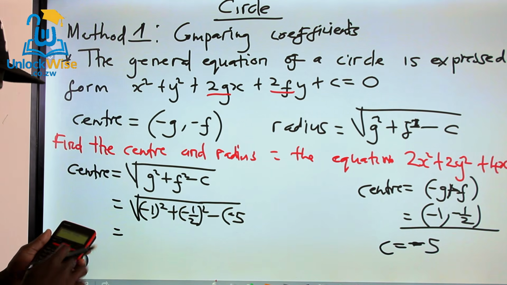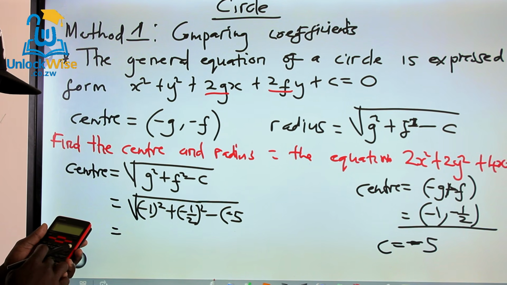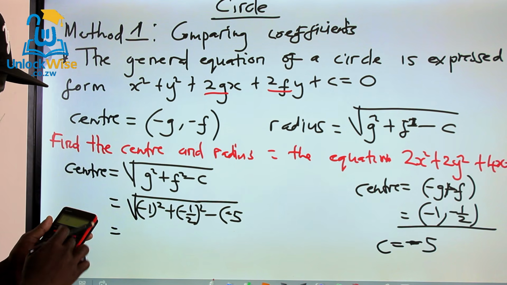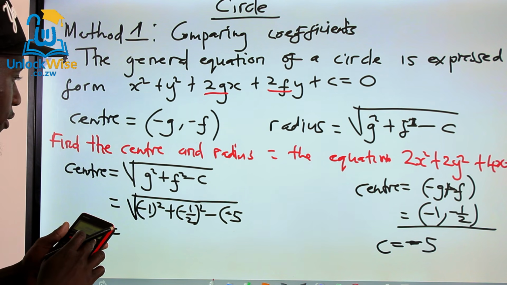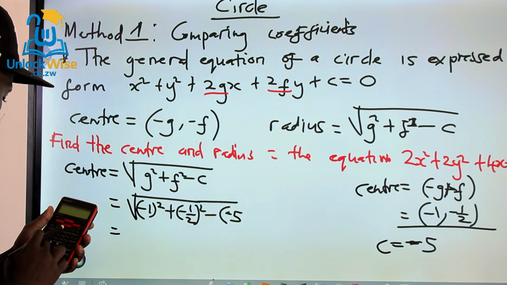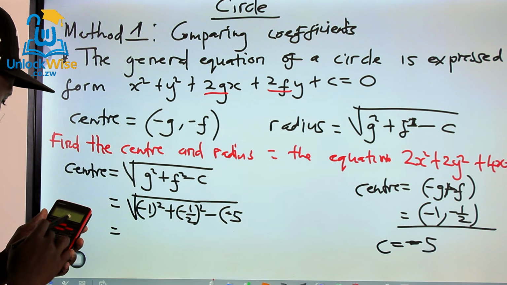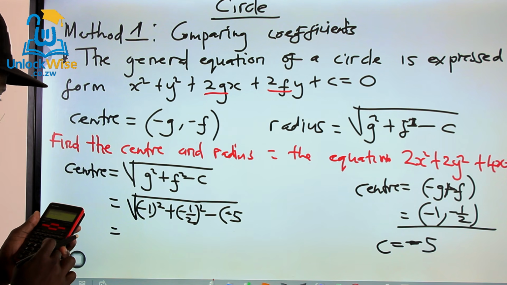That's the square root of 1 plus 1 over 4 plus 5.